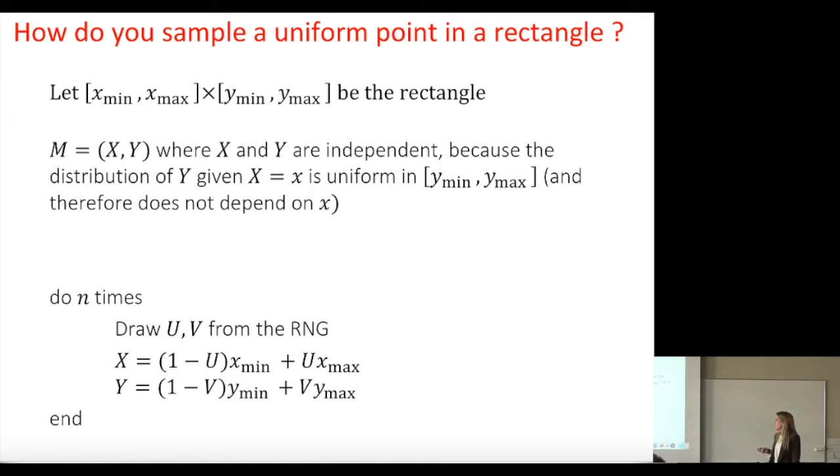And then v is again between 0 and 1, so we bring it now between y min and y max, and we have a sample for the y coordinate. So we have this uniform point x and y in the rectangle with the given side lengths.